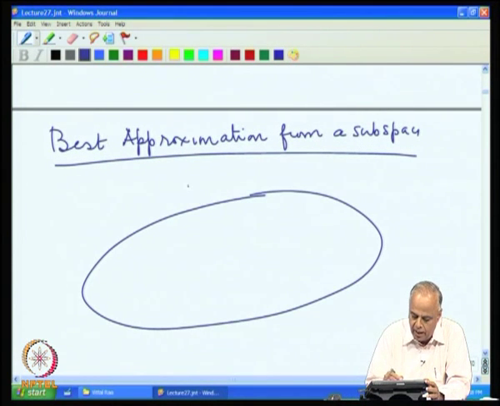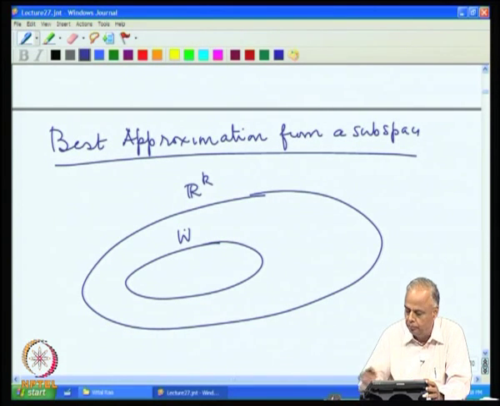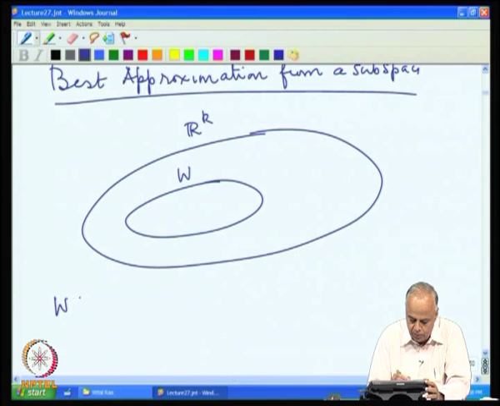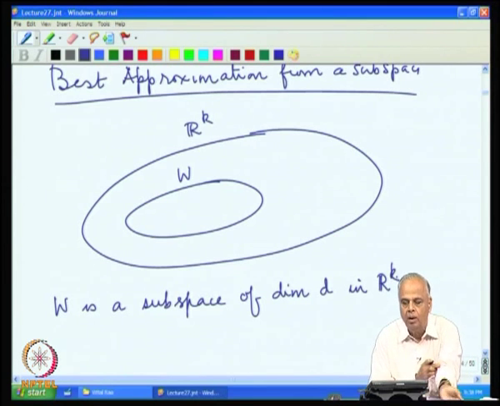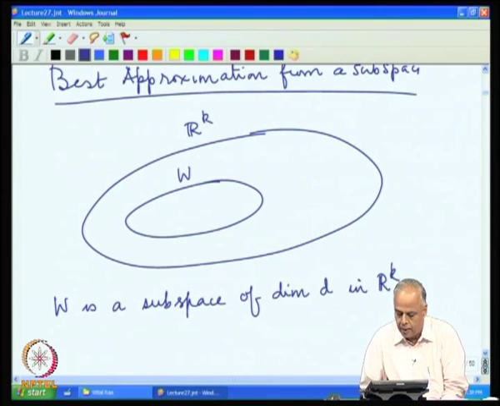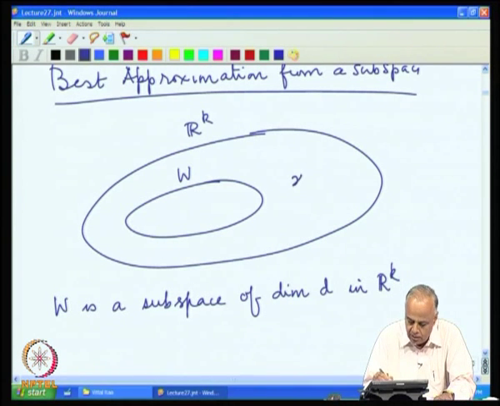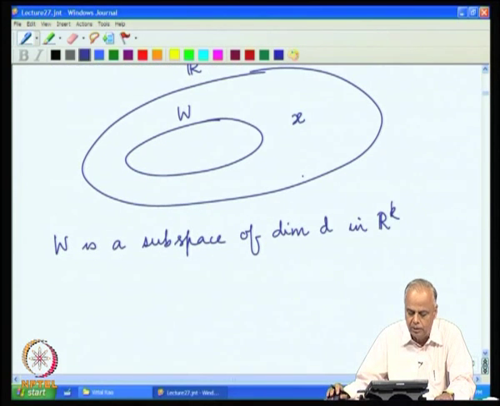We have the space R^k, and in that we have a subspace W of dimension d in R^k. Now we look at a vector x which may be outside W, or inside W, a general vector x in R^k.